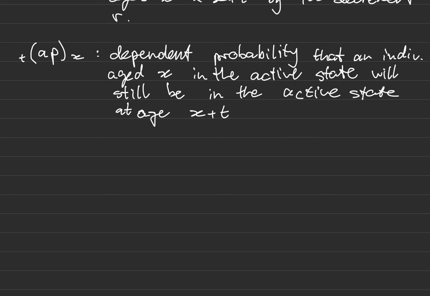Okay, now AQXS, this is the dependent probability that the life aged X will be removed from the active state by the decrement of sickness within the next year, because there's an implicit 1 that's not written there. Okay, that's that probability.